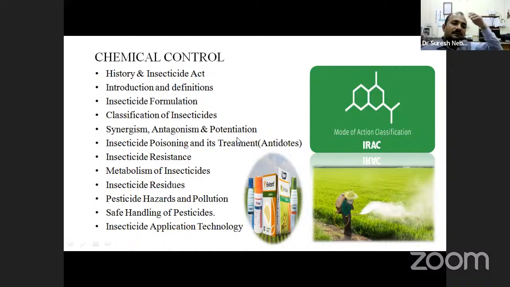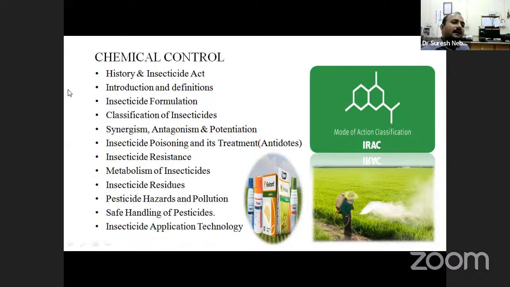You must know the difference between these terms. Shortly, I will tell you. Synergism: one is an insecticide, and the other molecule is not itself a toxic molecule. When you mix the non-toxic molecule with your insecticide molecule, it increases the toxicity of your original molecule.